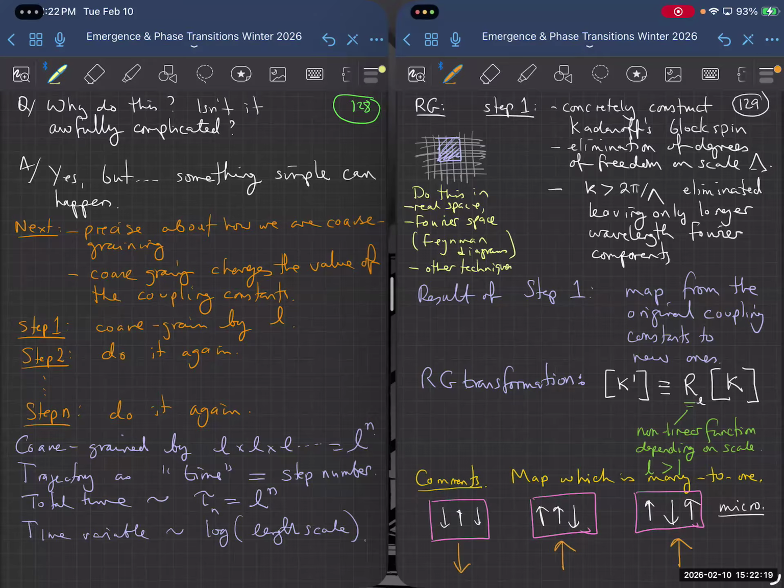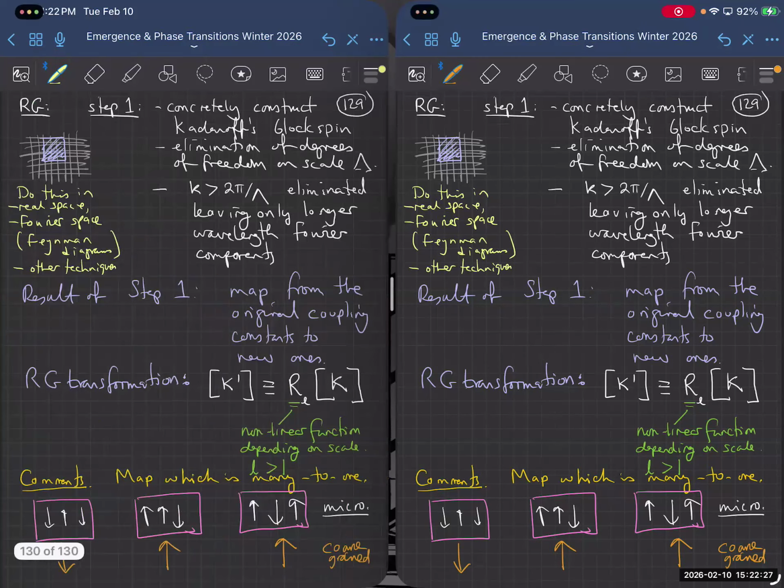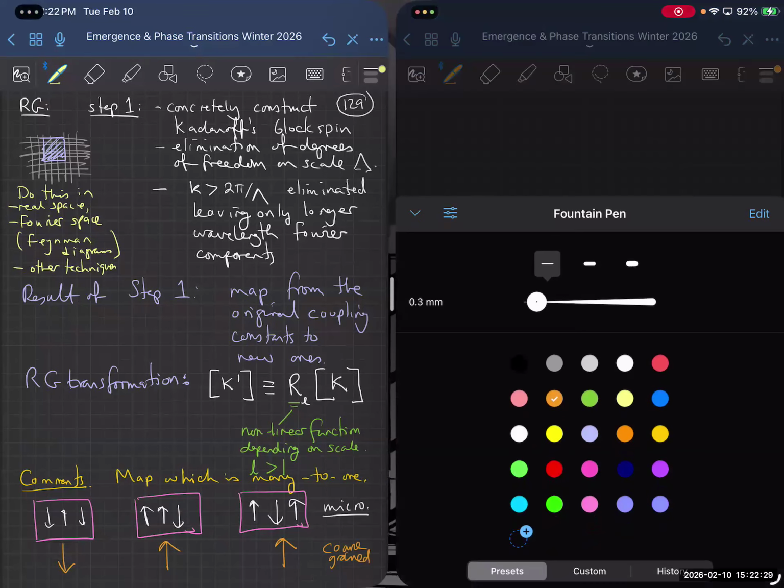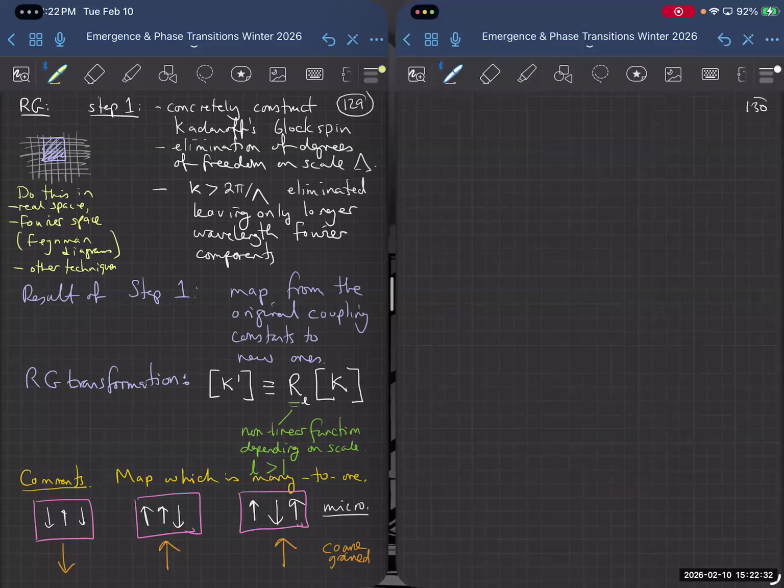So this is the coarse grained picture. And what would be the transformation that would correspond to this? So this coarse graining is what you would get if you did a majority rule map.